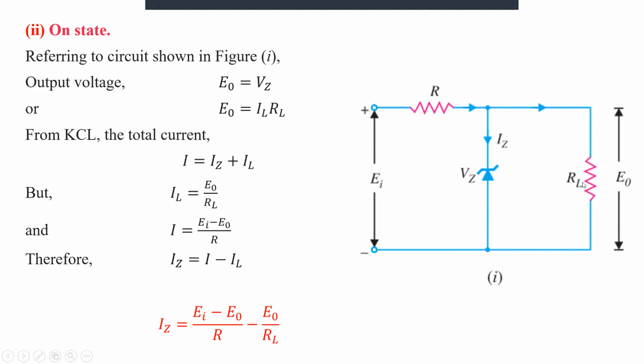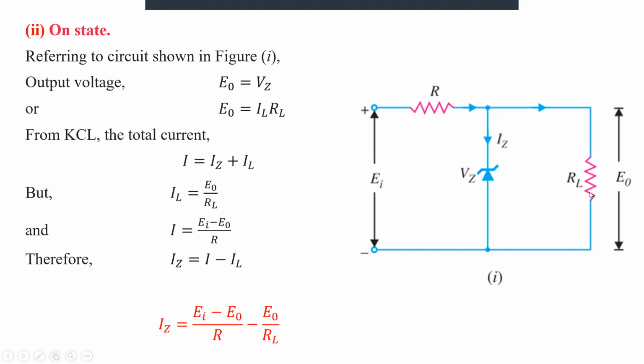If the load is increased, the voltage across the load remains constant, so there will be a corresponding decrease in the load current so that the product IL into RL remains constant. The extra current will flow through the Zener diode. That is how the output voltage across the load remains constant even if you change the input voltage and the load resistance.